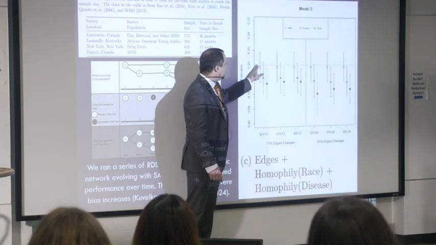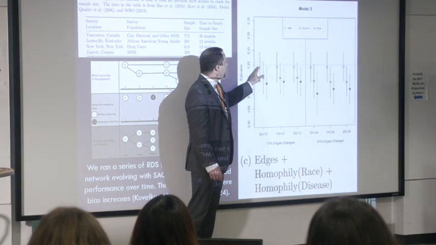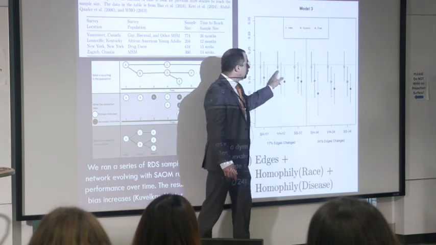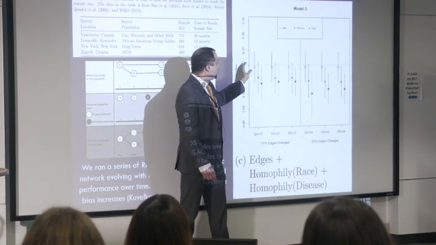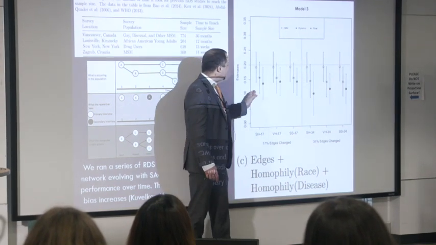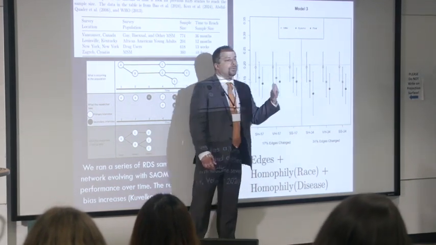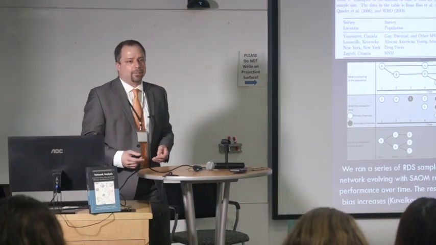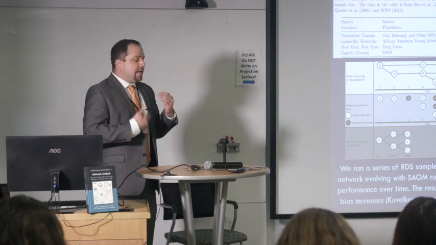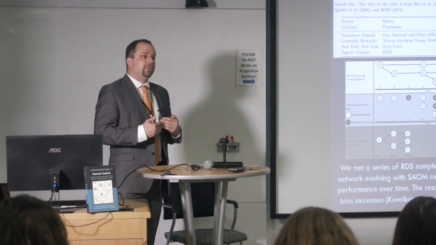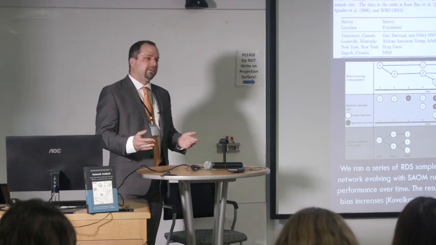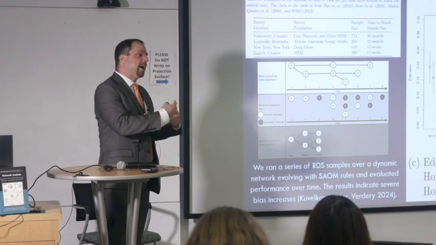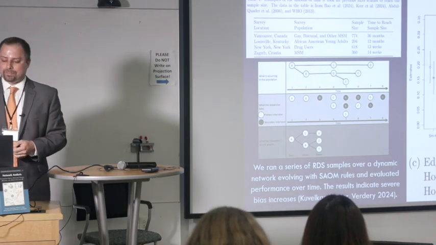In this case, this is the value at the initial time point, or the prevalence estimate at one time point. If you run RDS on the initial network, you end up with a good measure of it. But as the RDS unfolds, it gets further and further from the true population parameter if you run it on a dynamic network, which suggests that network dynamics could be a potential problem, and we should be paying attention to how long the survey is in the field, as well as coming up with new diagnostics to determine, is the network changing rapidly underneath while the sample is unfolding?